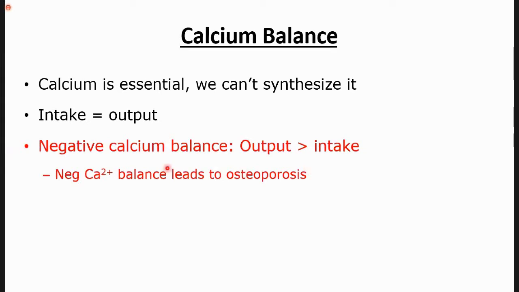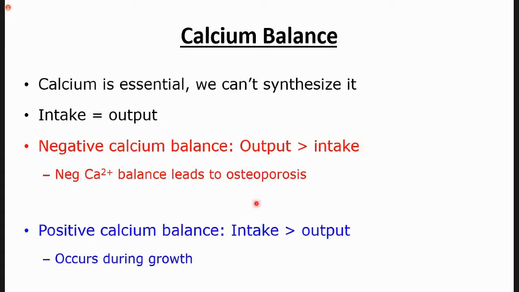Negative calcium balance is when an individual's calcium output is greater than the intake, whereas positive calcium balance is when the intake is greater than the output, and this may occur during growth. When children are growing, their intake is greater than their output, so more and more calcium is being deposited in the bones as their storage site, and in the formation of mineralized bone as well.